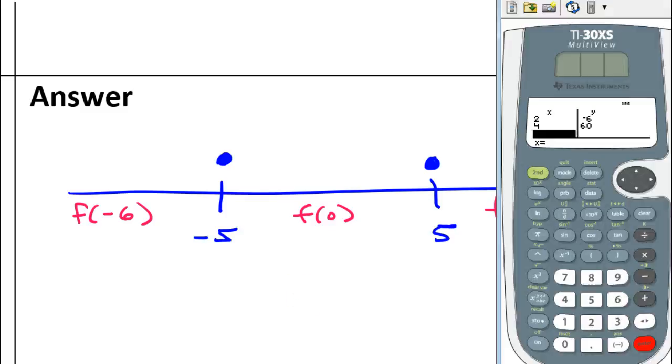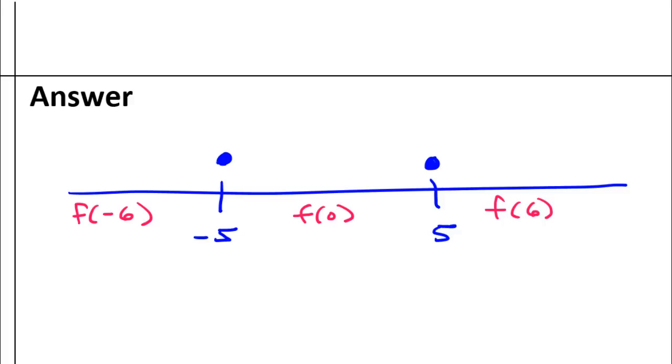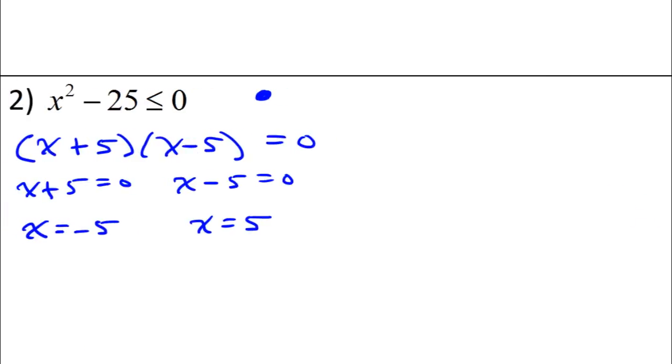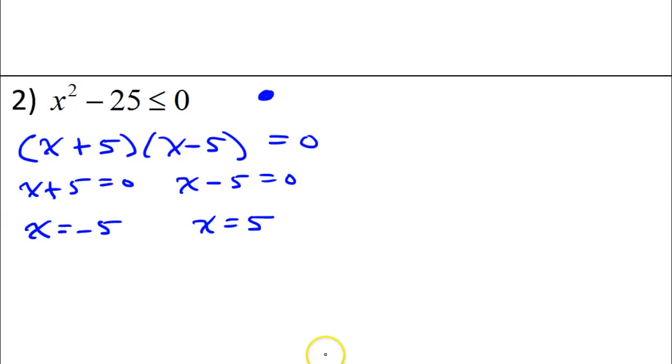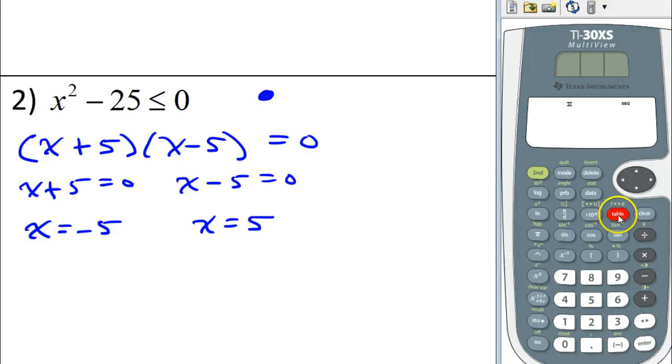Alright, so I'm going to go ahead and put the function into my calculator and see what it looks like. So we're dealing with x squared minus 25. Whoops. Did not hit the minus key. Alright.